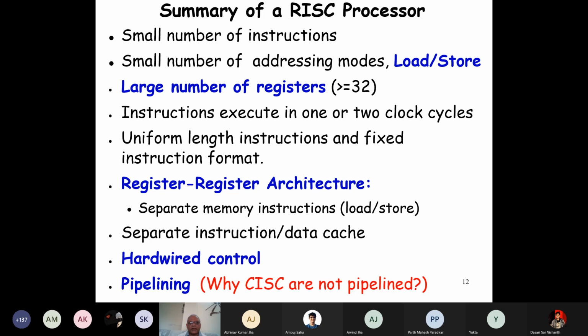But to access the data from memory, we have only two instructions. One instruction name is load, another instruction name is store. Only these two instructions can have memory addresses. None of the other instructions can have memory addresses as their operand. And that is the reason why the RISC processors are also called the load store architecture.